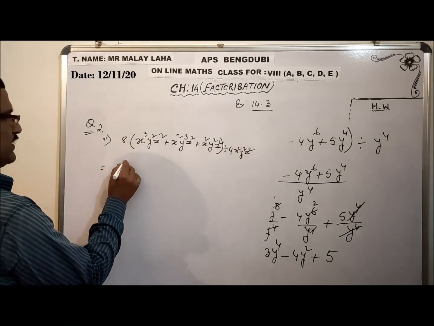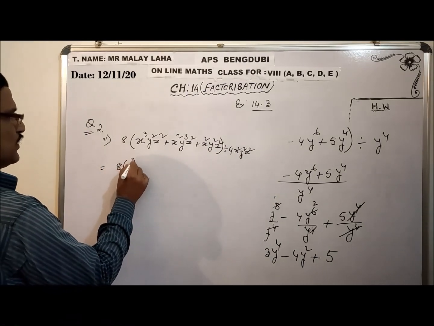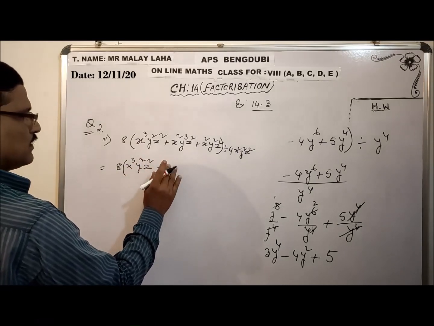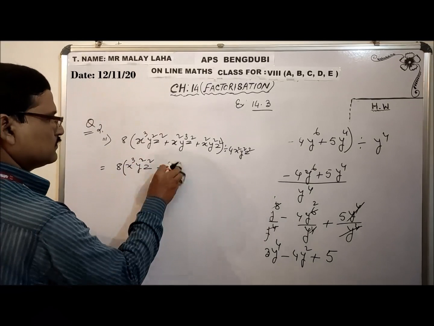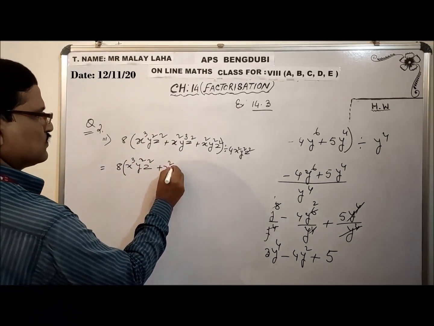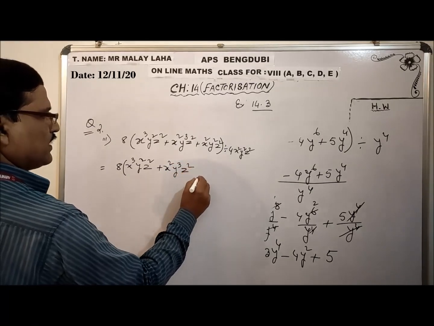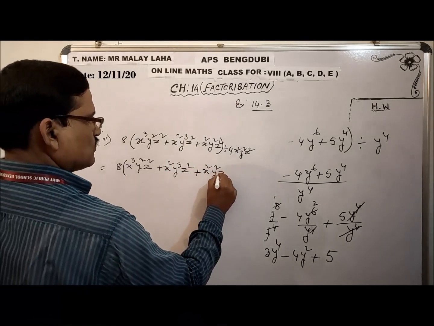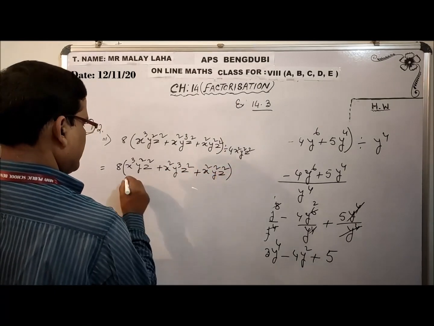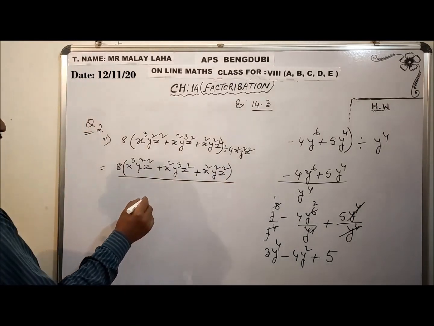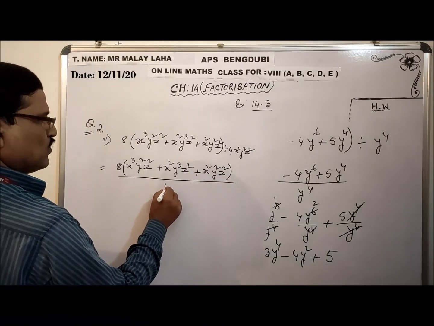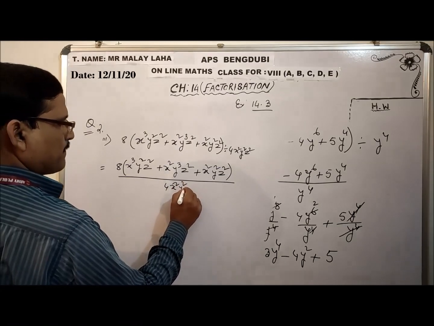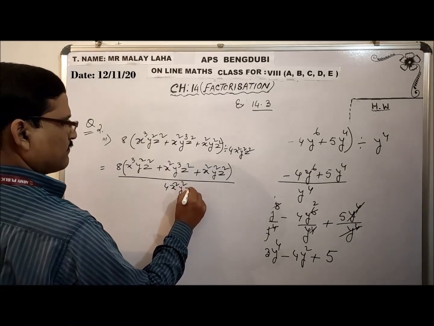So what will we write here? 8 into x cube, y square, z square plus x square, y cube, z square plus x square, y square, z square, divided by what? 4x square, y square, z square.